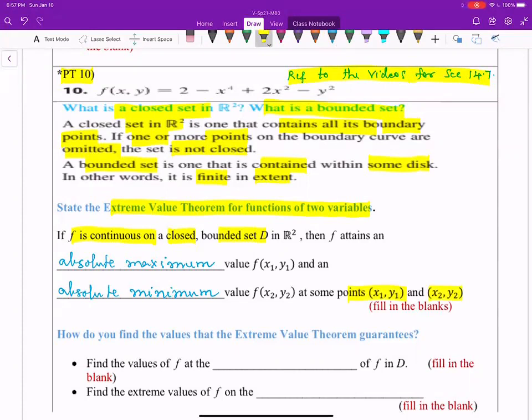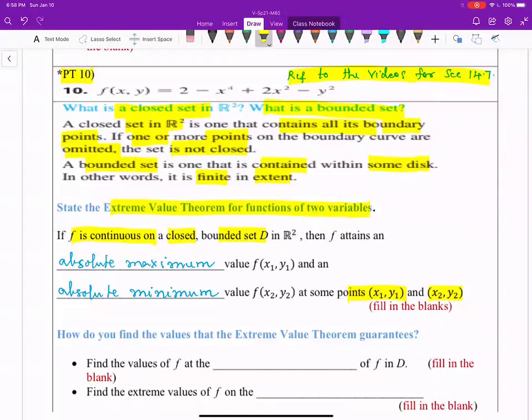The restriction here is that f is continuous on a closed and bounded set D in R2. If you have that condition, then there will be extreme values, meaning an absolute maximum and an absolute minimum at two points.